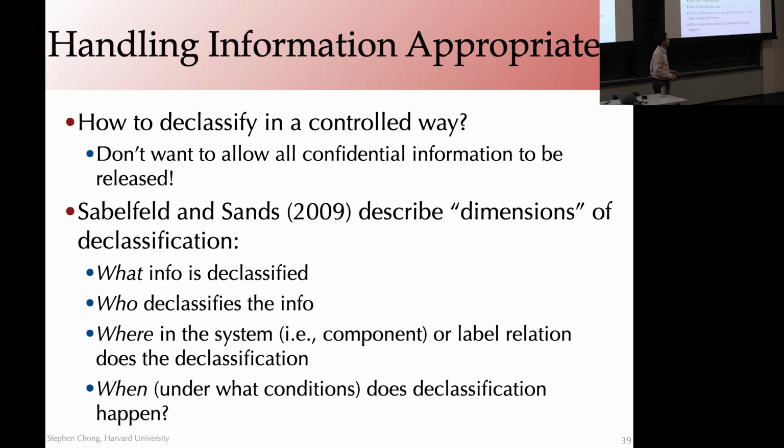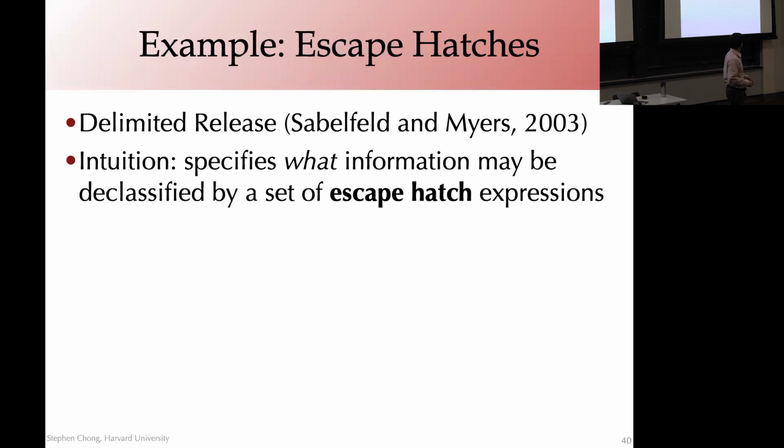To give you a concrete example of a version of non-interference that accounts for declassification, a nice simple one is known as the limited release. And the intuition here is that it's specifying what information about the initial low inputs are allowed to be declassified by having a set of escape hatch expressions.